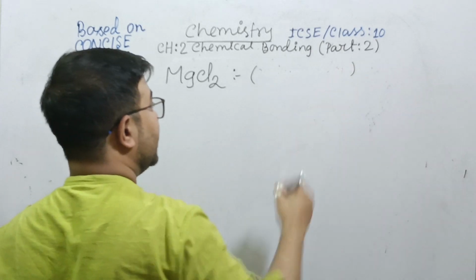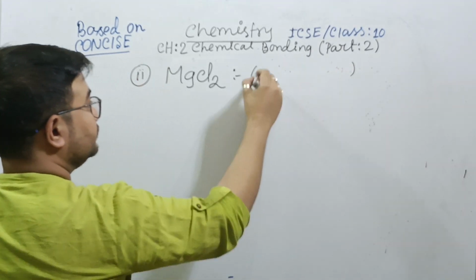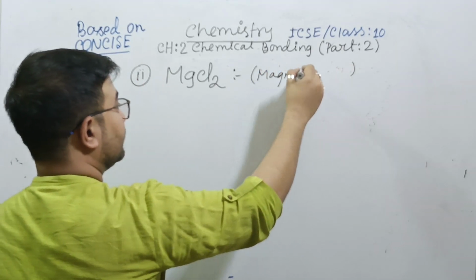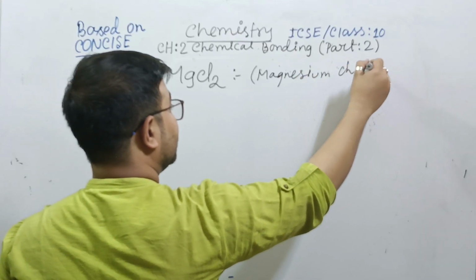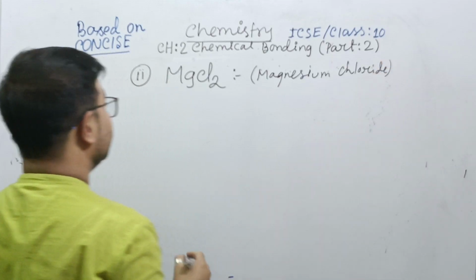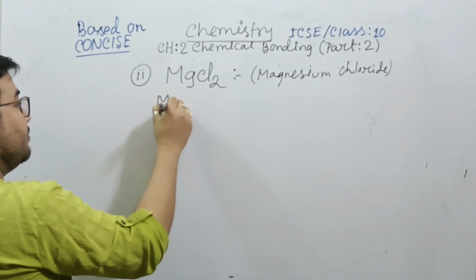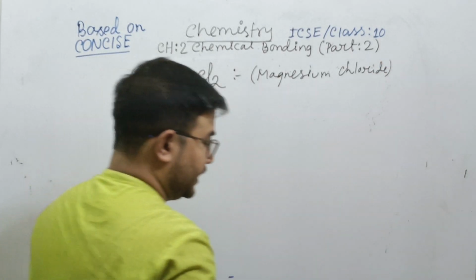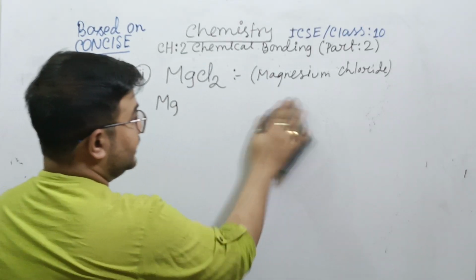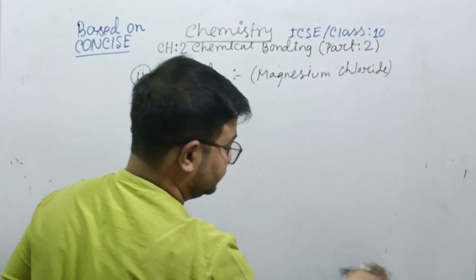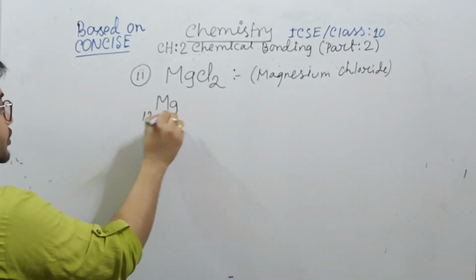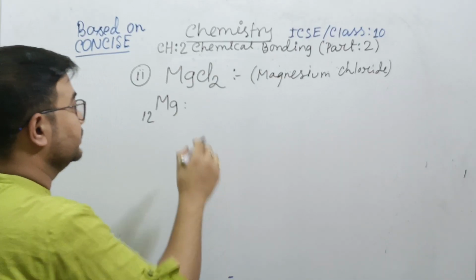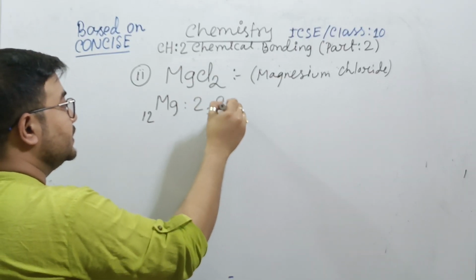Write down the name here, magnesium chloride. Now look at the board. In case of magnesium, what is the atomic number of magnesium? 12. So 12 means 2, 8, 2.